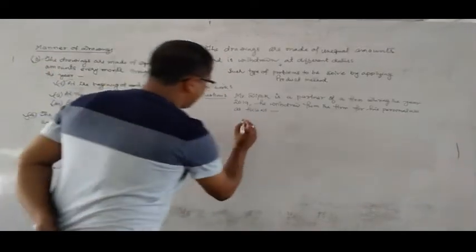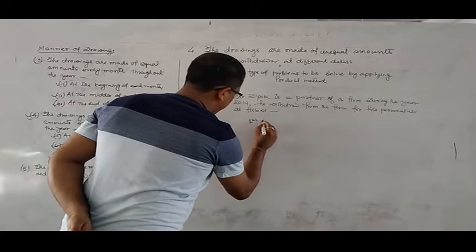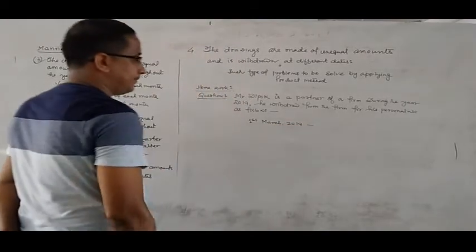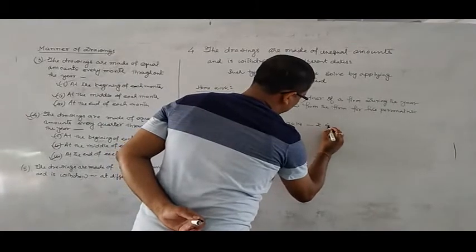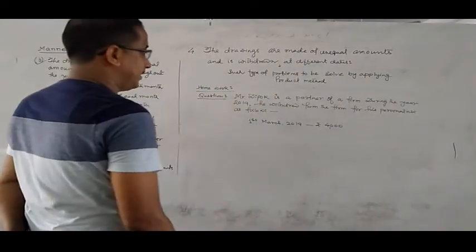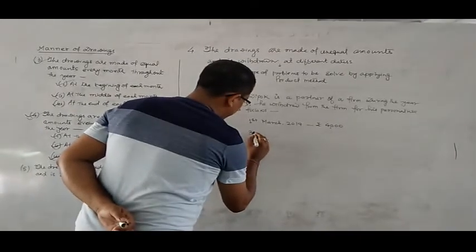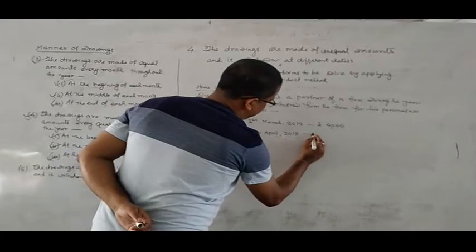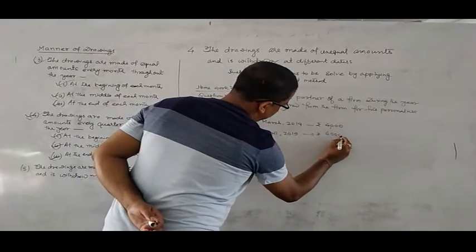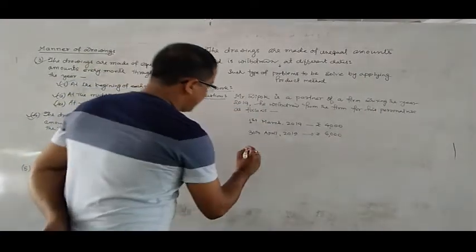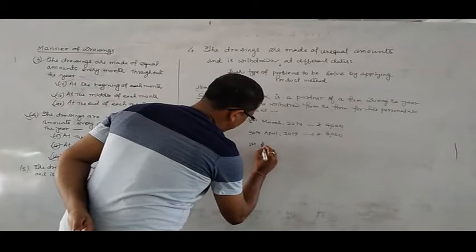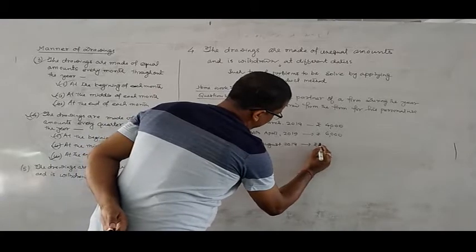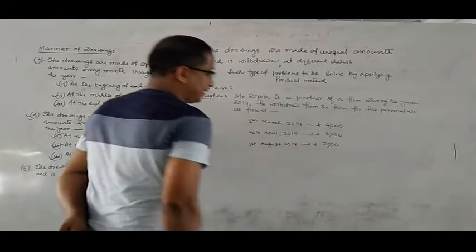Okay, March 2019, rupees 4,000. Next, April 2019, 6,000. Next, August 2019, rupees 2,000.